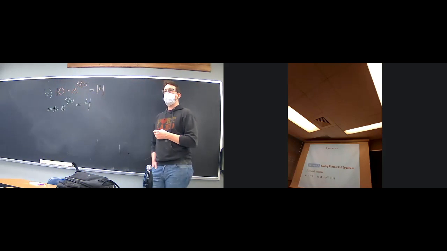This tells us then that e to the t over 10 is equal to 4. I subtracted 10 from both sides. Now, we want to apply the ln to both sides.